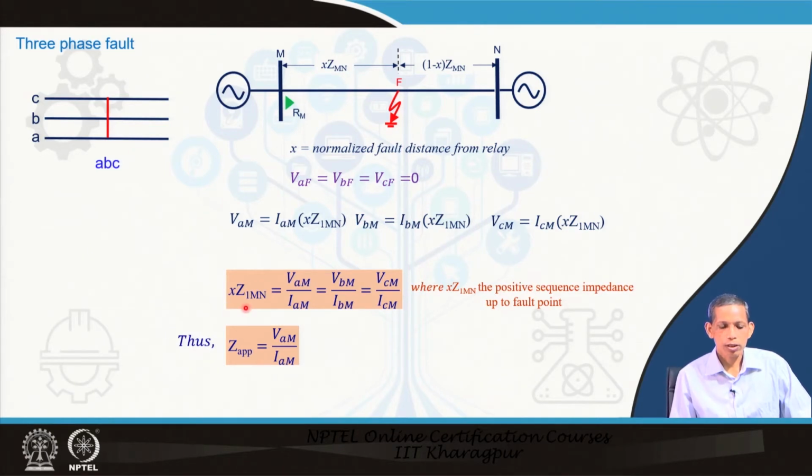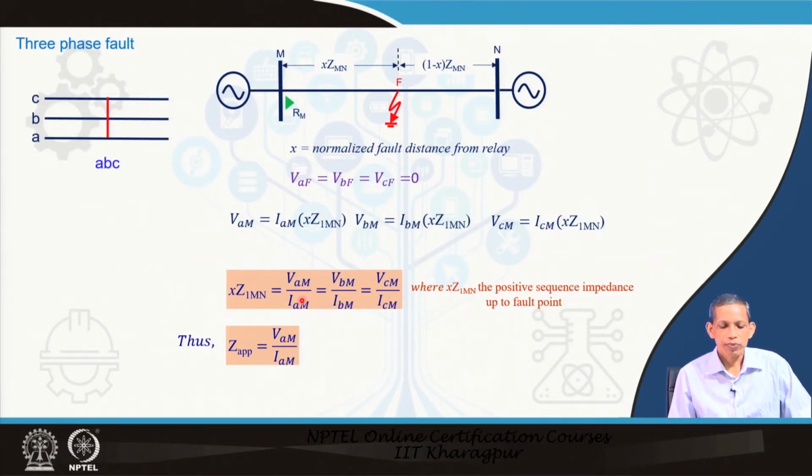So, thus the corresponding impedance from the relay bus to the fault point is x Z1 MN, the positive sequence impedance, which can be obtained from the relations voltage by current, any phase voltage by the corresponding phase current.